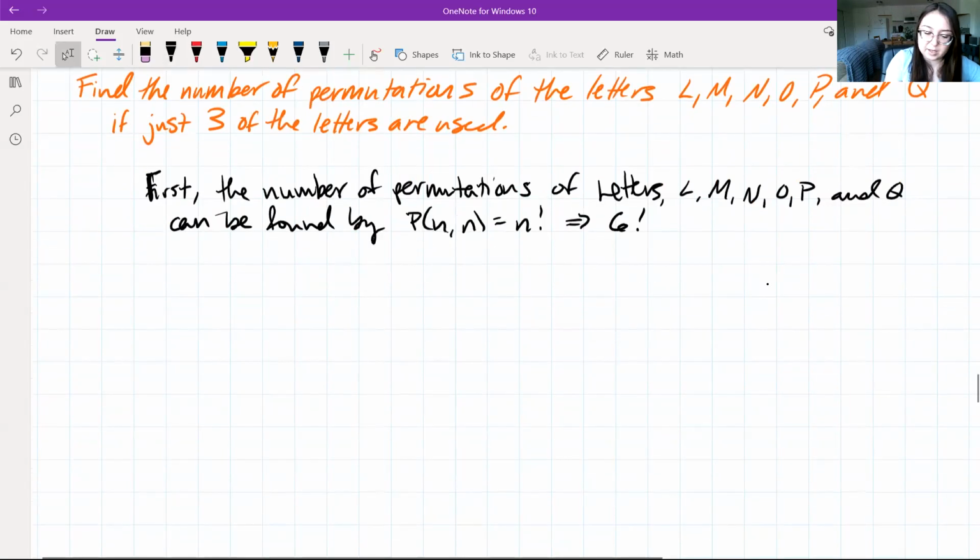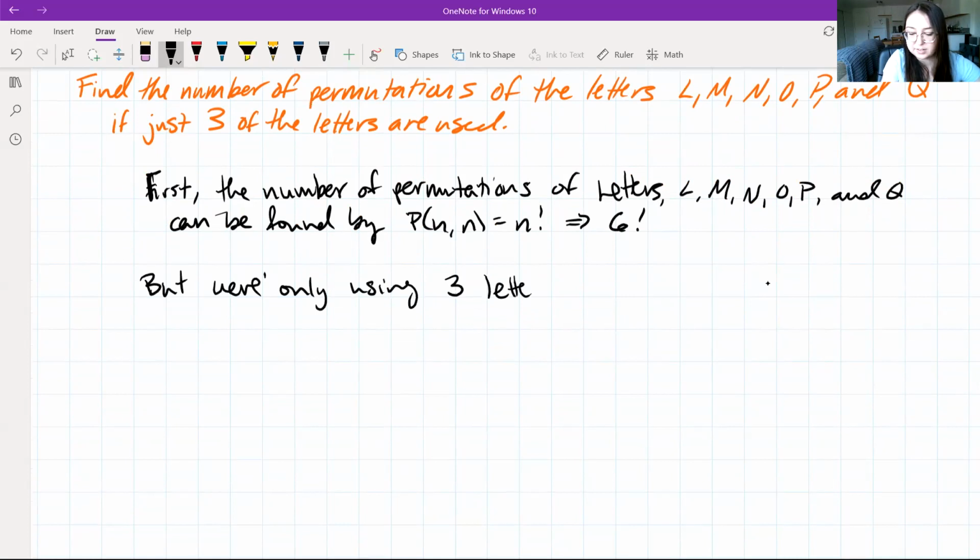But we're only using 3 letters, so we need P of 6, comma 3. So this is essentially our permutation of 6 elements taken 3 at a time. That's how we would say that.